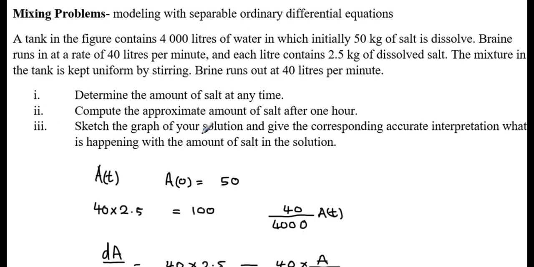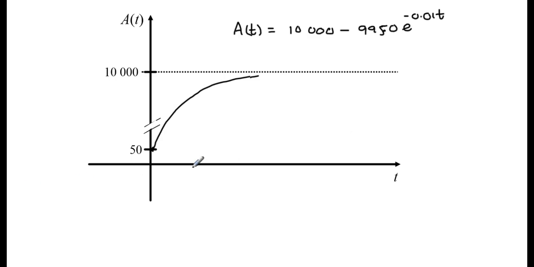So then the next question was we needed to sketch the graph of the solution so that we can give an accurate interpretation of what is happening. I will illustrate graphically what is happening with the amount of salt in that solution. So we'll get a graph like this because of what we've said.